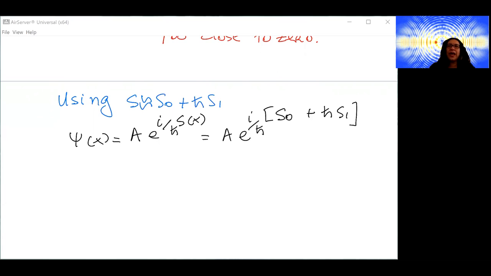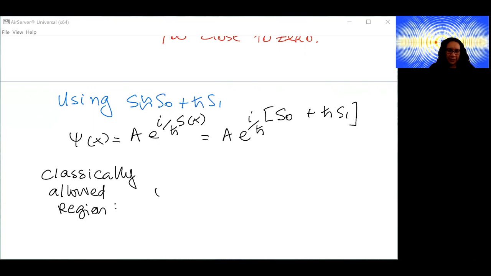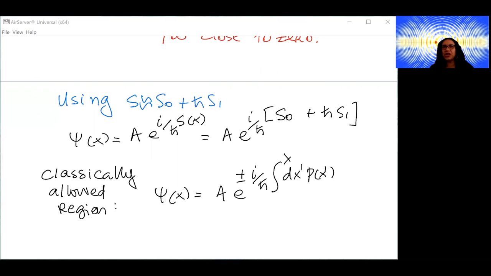that so far we have considered an oscillating function to make our assumptions and everything. So in the classically allowed region, which is what we have been using so far, we're going to have psi(x) equal to A, I'm just substituting now the results that we had, plus minus i divided by h-bar, the integral of p(x') dx'.